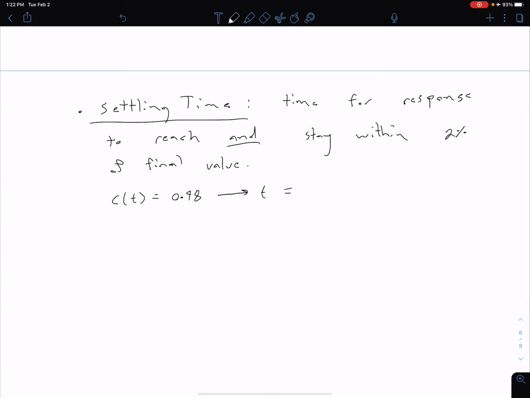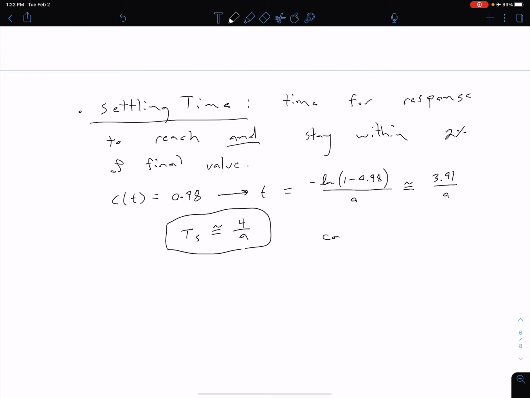So t is equal to negative log of 1 minus 0.98, divided by a, which is approximately 3.91 over a. Now we can take a conservative estimate for this and say settling time is approximately 4 over a. Again, that's a conservative estimate.